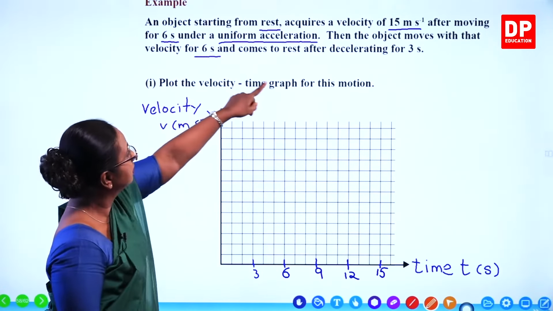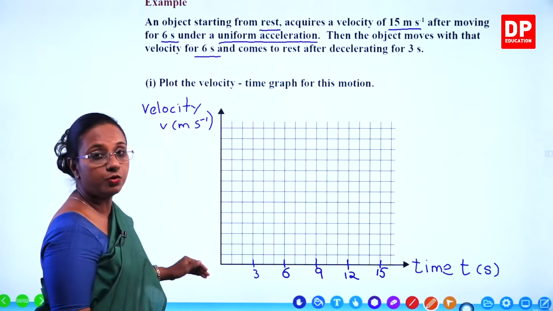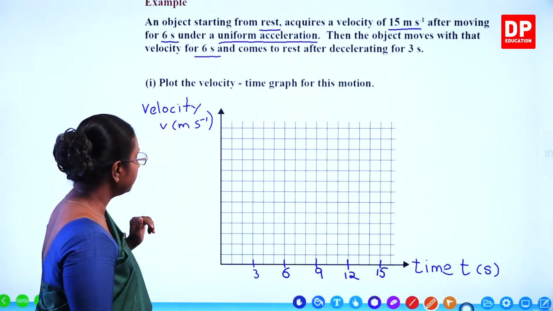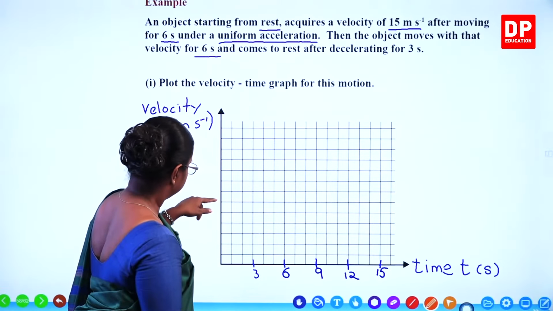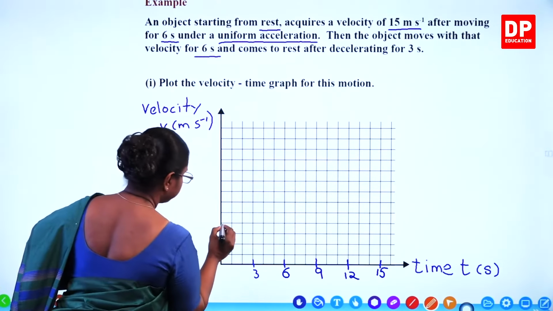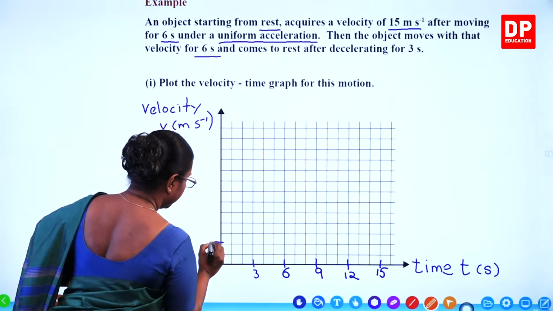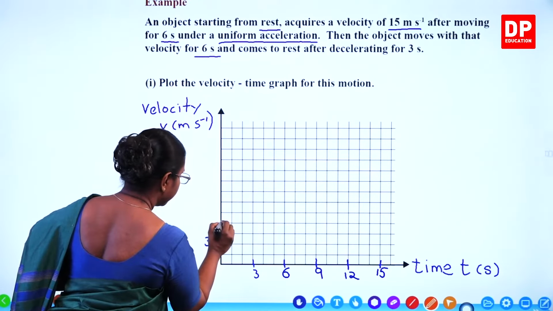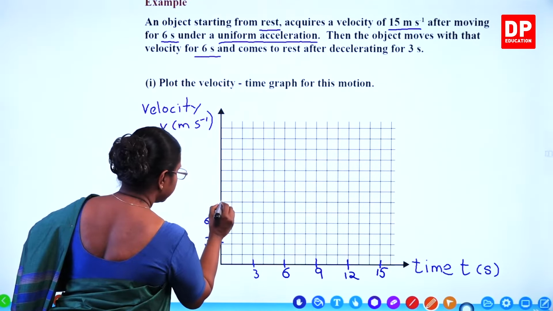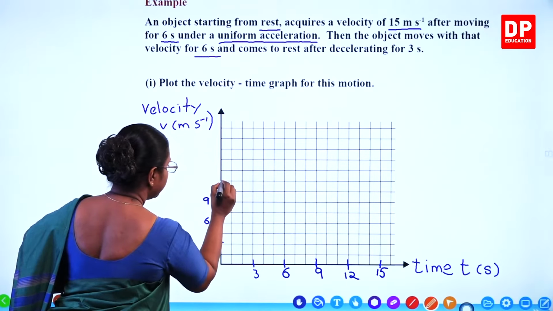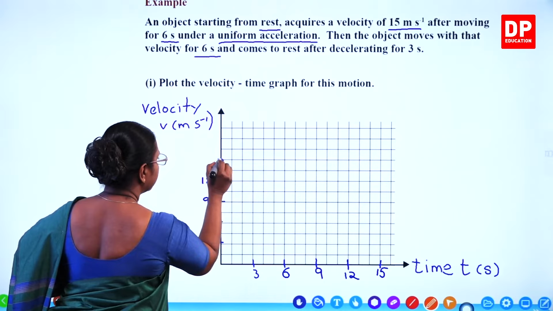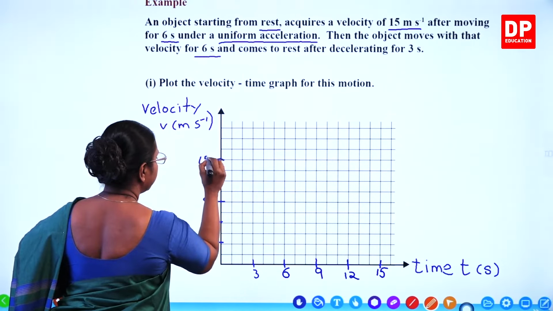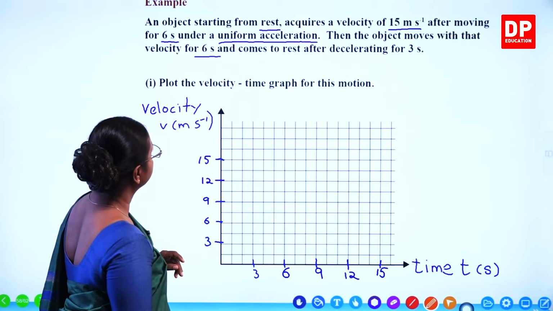Then for the velocity, it goes up to 15 meters per second. Again, that can be marked as 3, 6, 9, 12 and 15 meters per second.